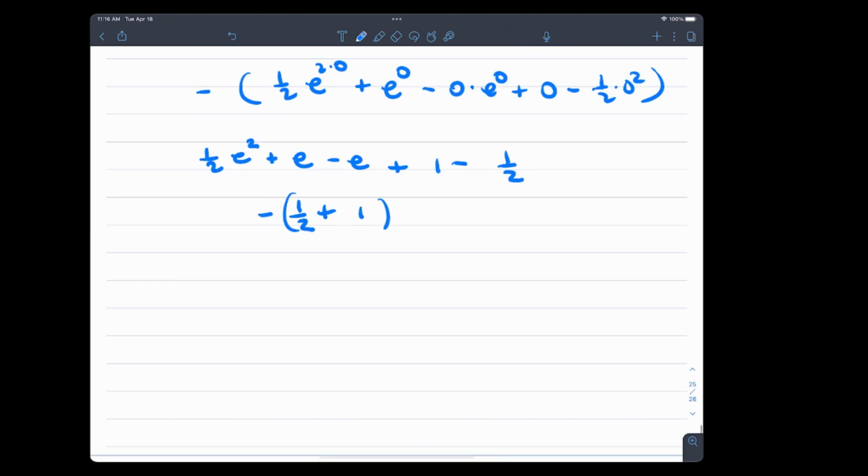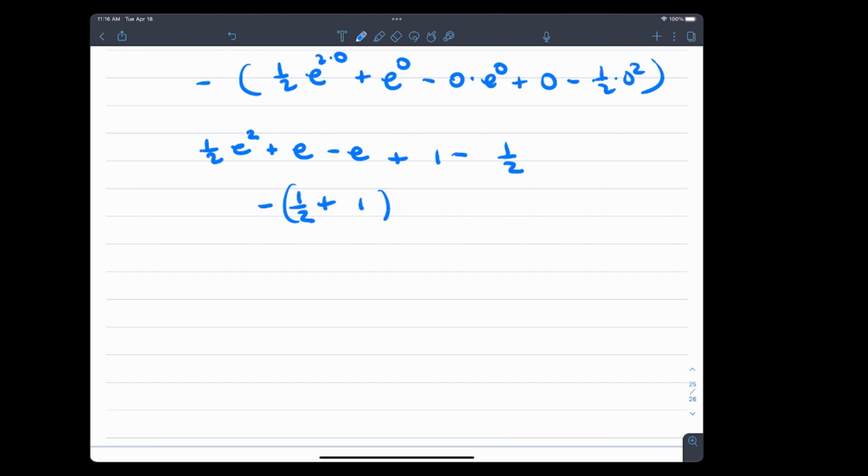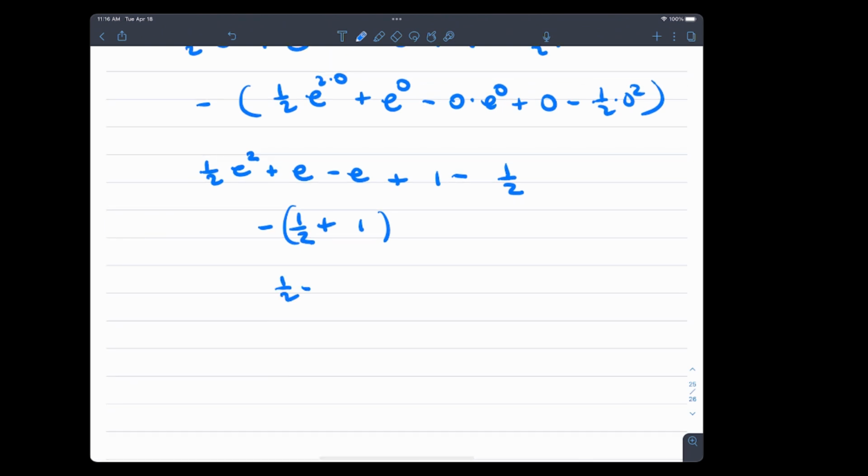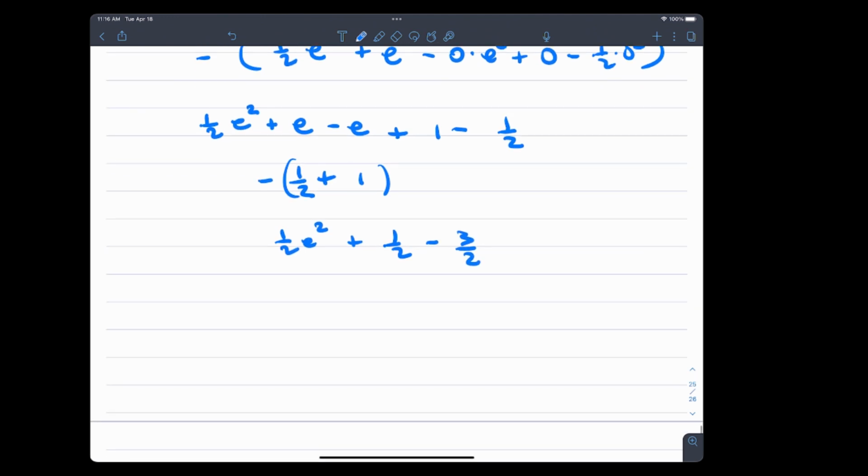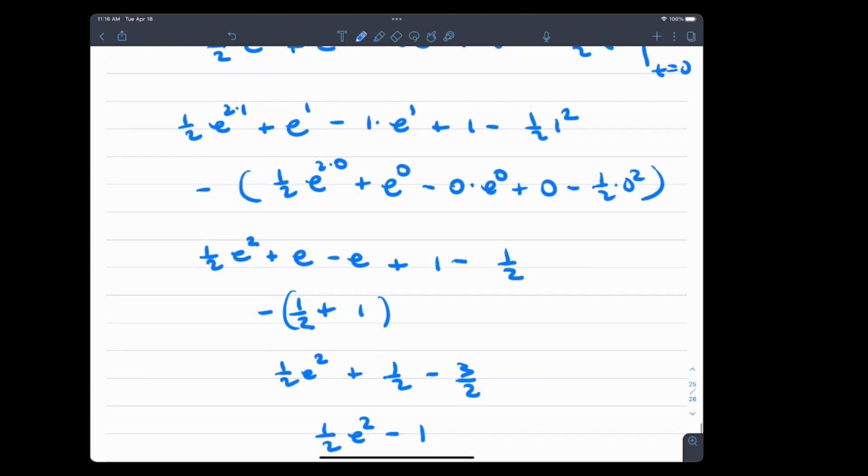Okay. All right. And then your e's are gone. So it looks like we have 1 half e squared plus 1 half minus 3 halves. Is that true? 1 half e squared minus 1. Is that right? So double check we did not screw it up.